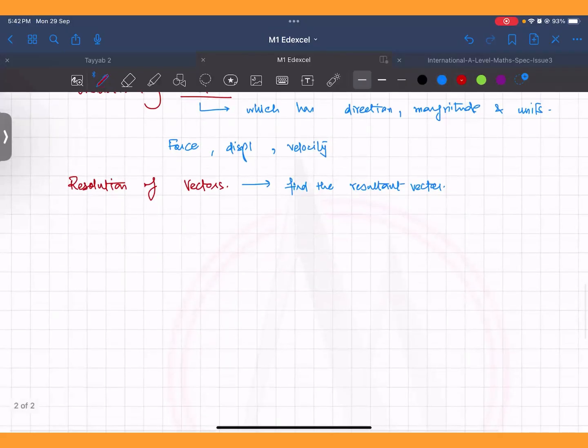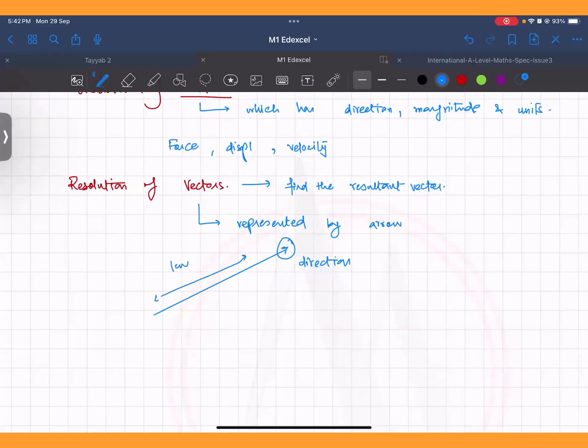Now any vector is represented by an arrow. This gives you the direction, and the length of the arrow gives you the magnitude.